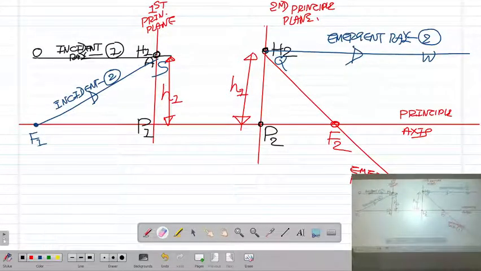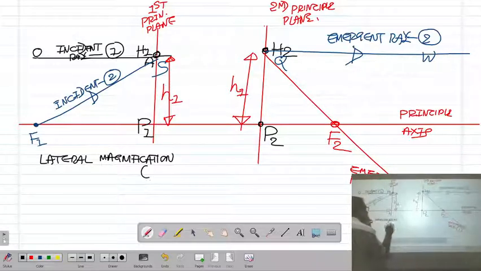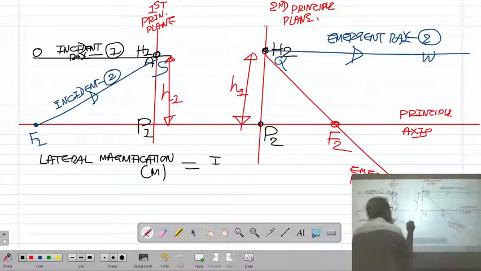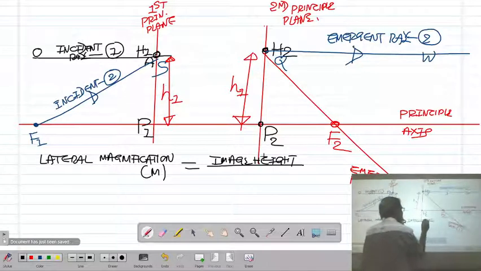And now we finally calculate the lateral magnification. You have studied that lateral magnification is defined as image height upon object height.